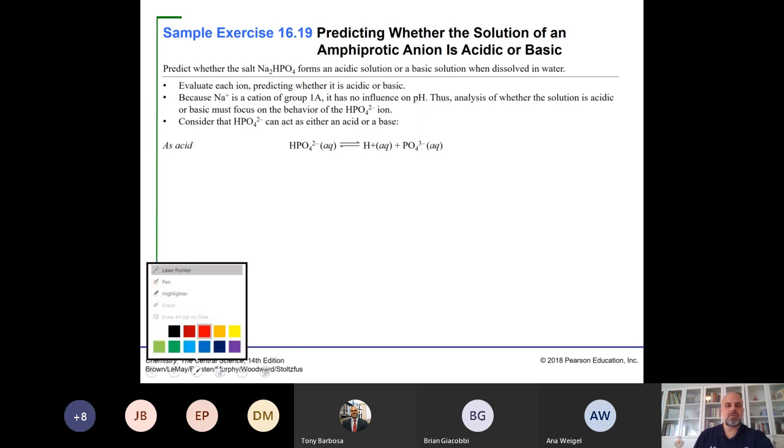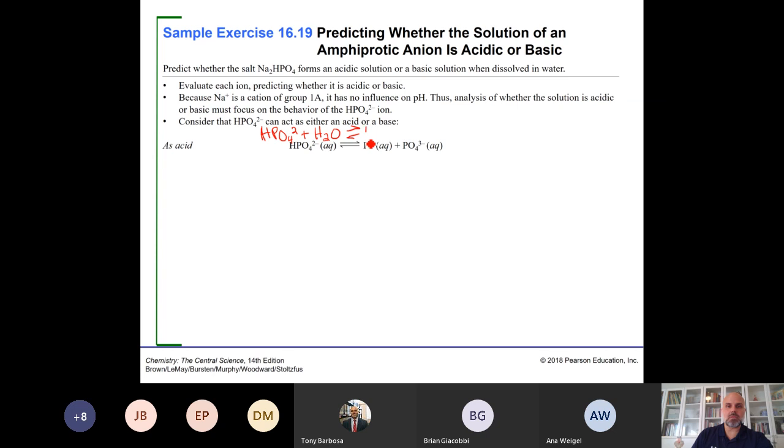And remember, I told you we've been transitioning over, where in the past we would draw it out this way, where we would have HPO4, and this would react with water, and we get an equilibrium that would look like this, where we have H3O plus and the PO4.